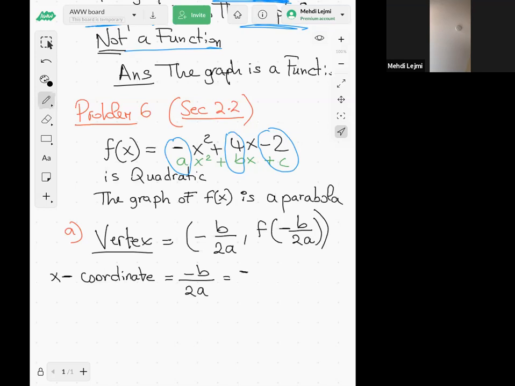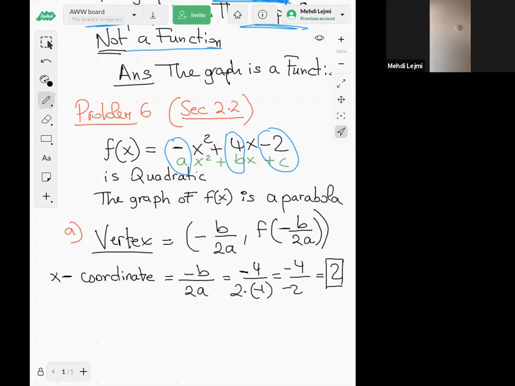So the x coordinate of the vertex is minus b over 2a. Minus b is -4, over 2 times a, and a is -1, so that's -4 over -2. Negative over negative is positive, and 4 over 2 is +2. That's your x coordinate.